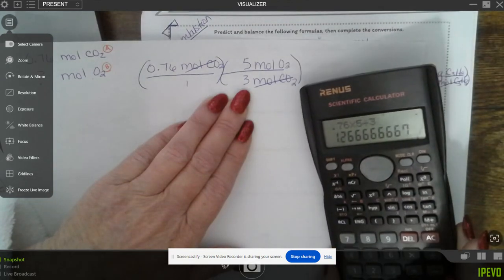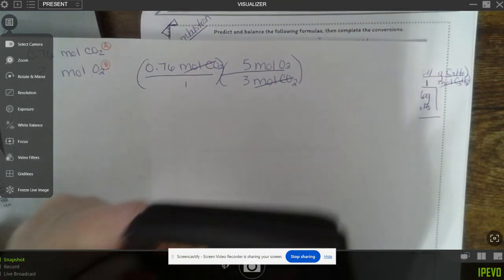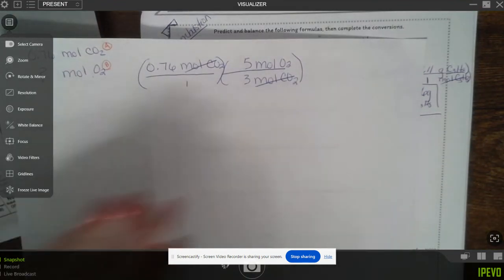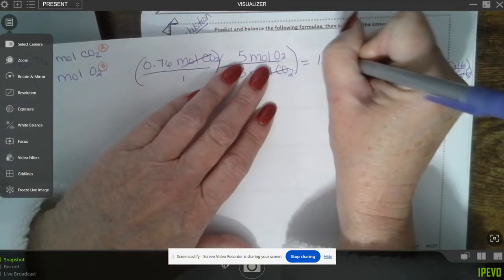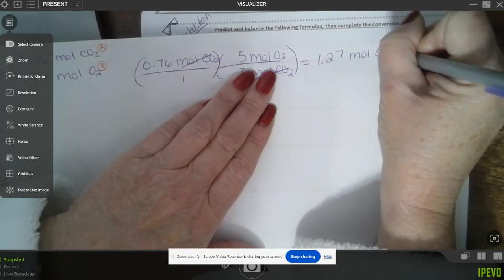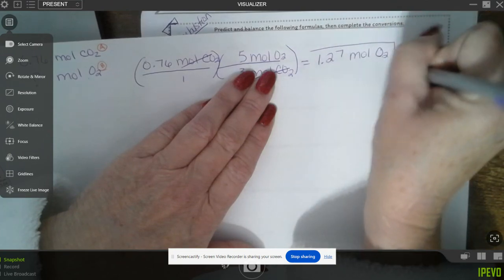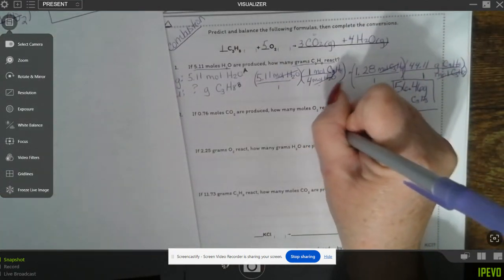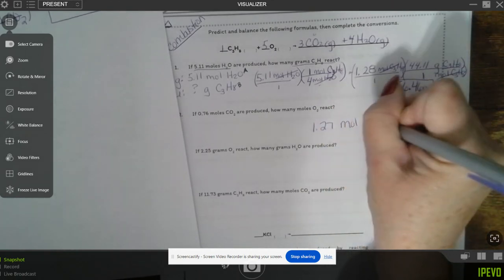And we get 1.27. It's hard to see that decimal place. 1.27 moles of O2. I'm going to write that in here. 1.27 moles of O2.